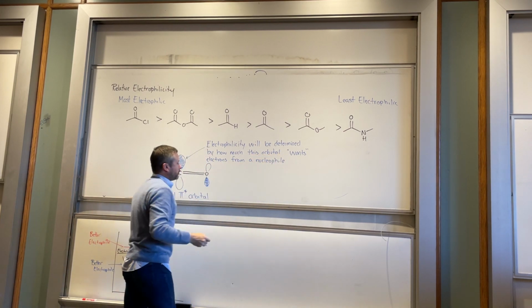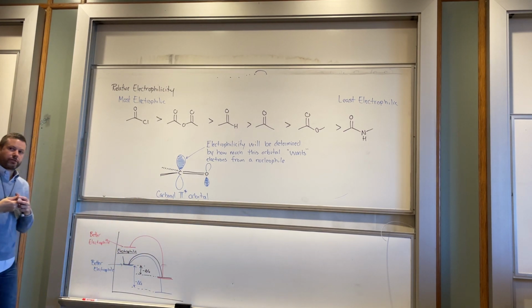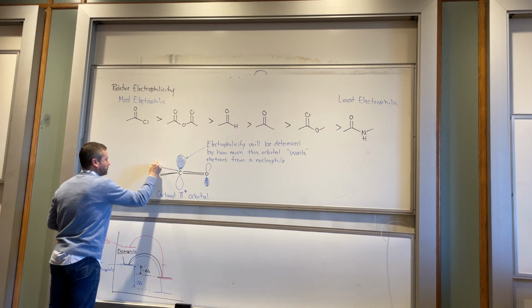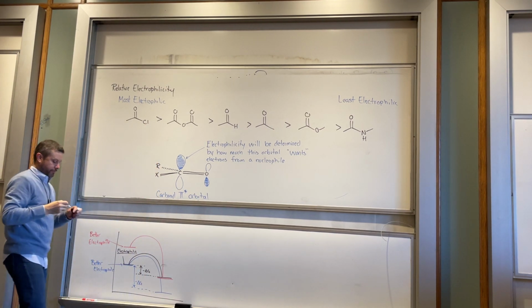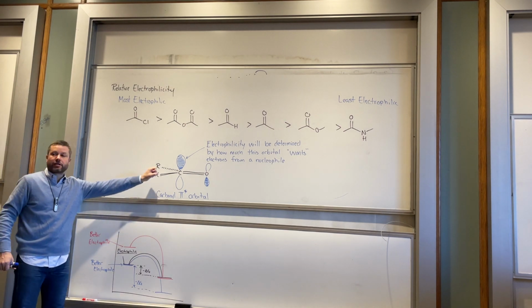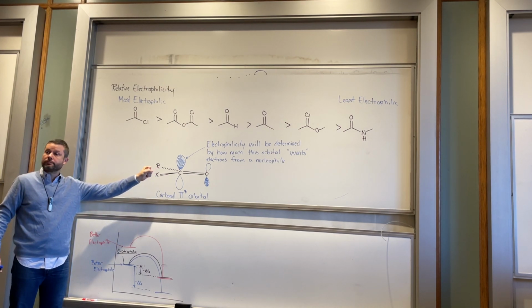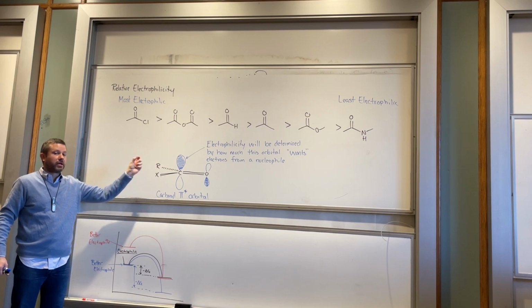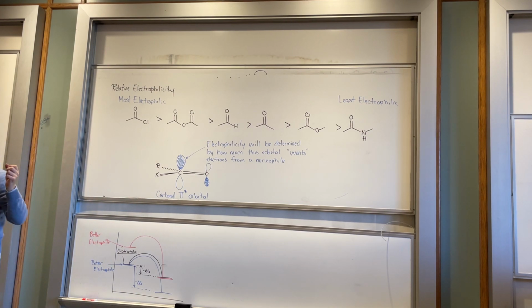Think about the reactivity of carbonyl compounds. How they react, they're always going to react in the same way. They're going to react with nucleophiles in a way that the nucleophile adds to the carbonyl pi star orbital. By thinking about the electron density around the carbonyl pi star orbital, you can get some idea about how much that orbital wants electrons from the outside.